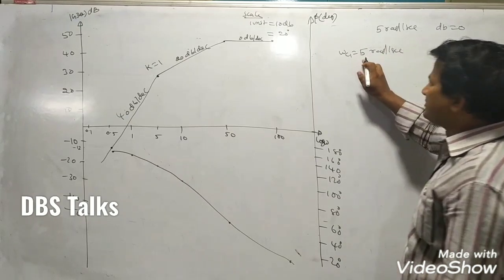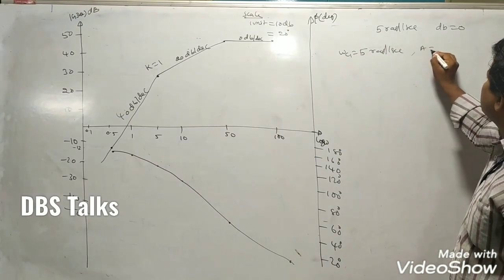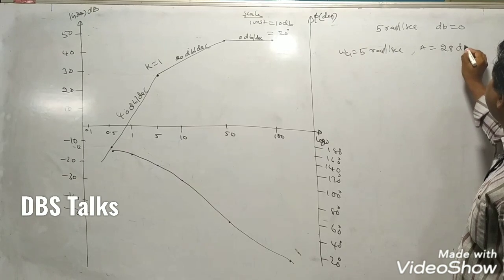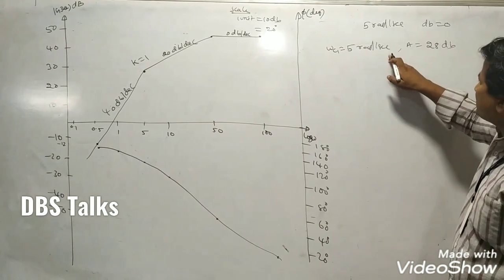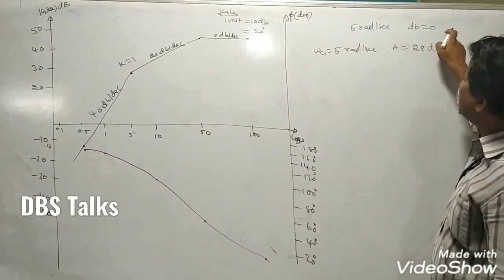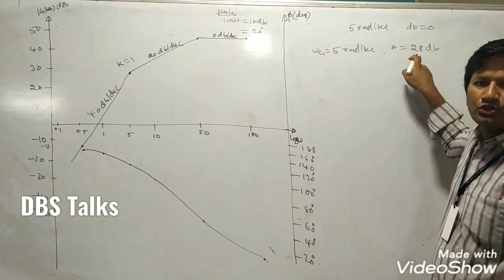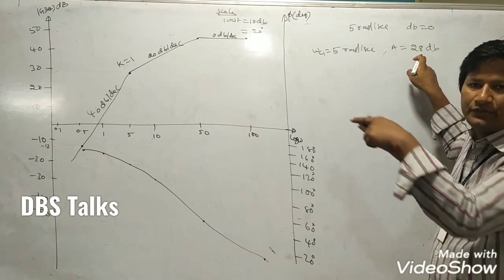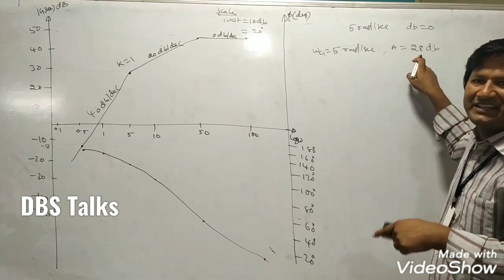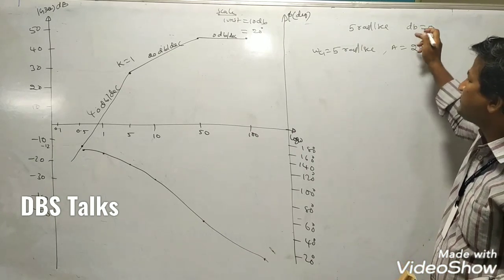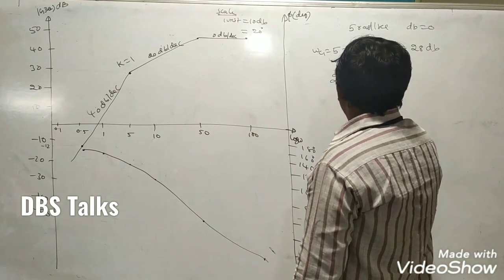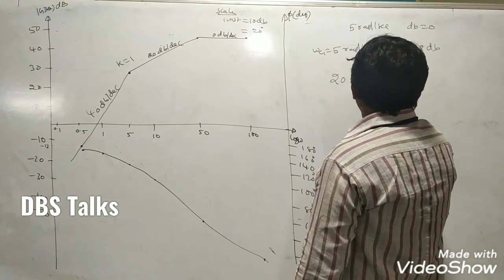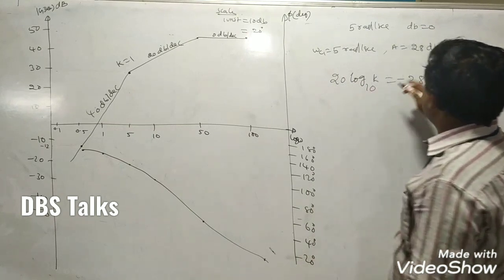So at this 5 radians per second, the magnitude is 28 dB. Actually the dB should be 0, but our value is 28. So we have to add minus 28 dB to each and every point of the magnitude plot, so that we get 0 dB at 5 radians per second. That's why 20 log k base 10 equal to minus 28.